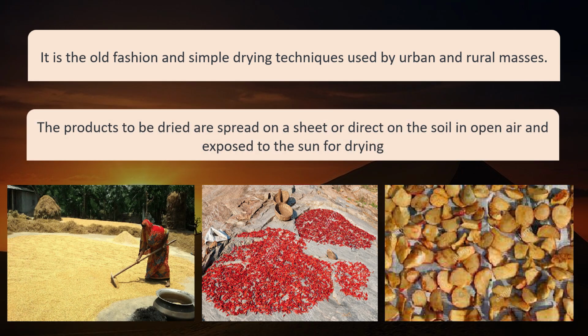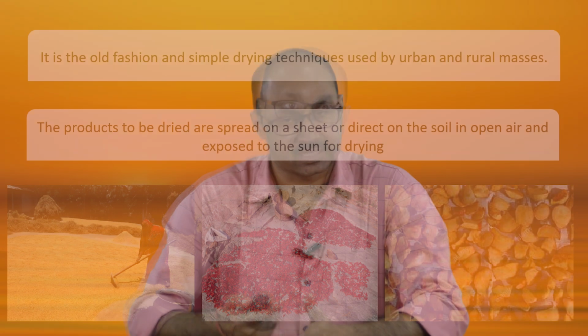The products to be dried are spread on a sheet. Different modes are there, like we can spread this food or agriculture residues on a mat, or we can use some pavements for drying, or directly on the soil in open air, exposed directly to the sun. Obviously some advantages and disadvantages will always be there because no technology is 100% perfect.